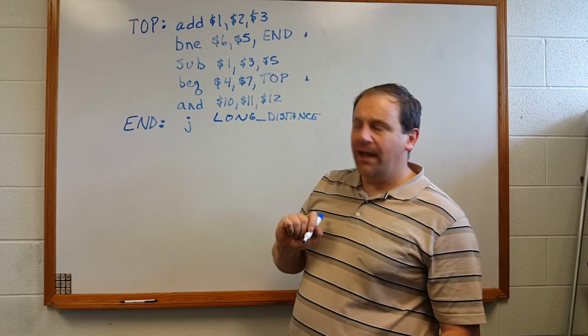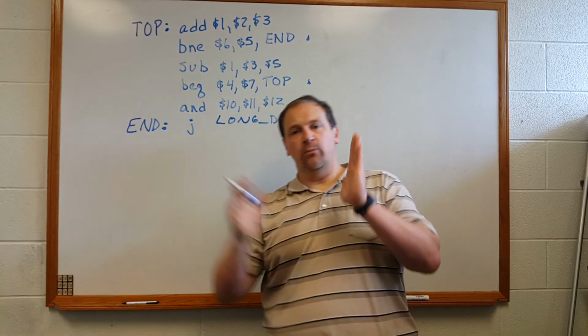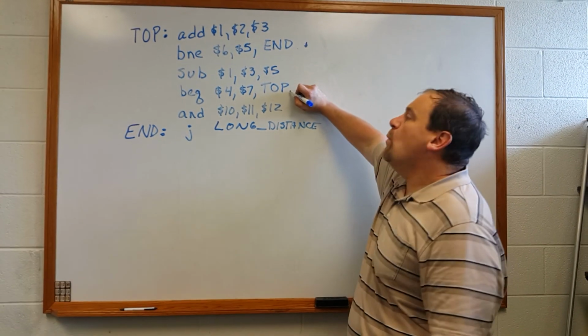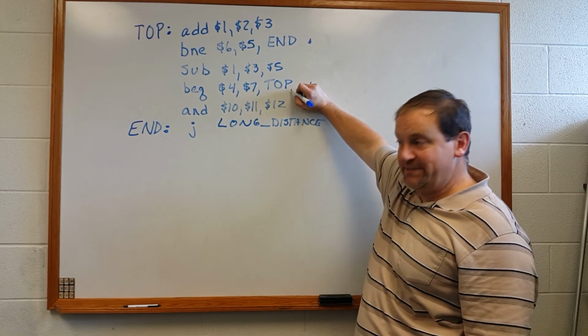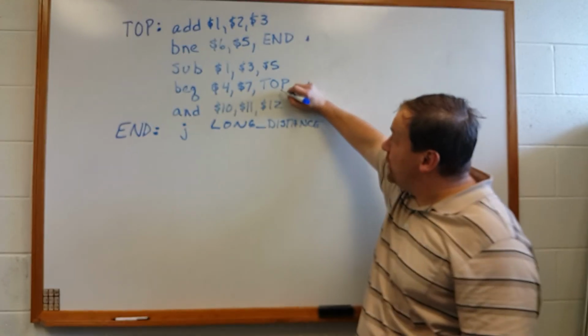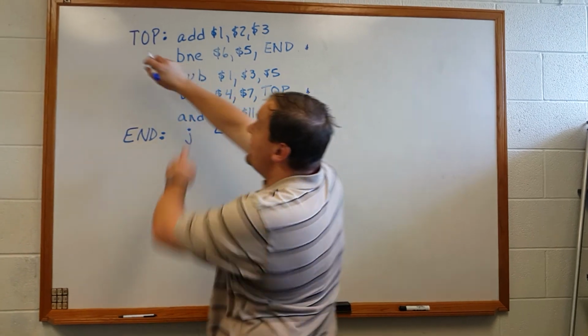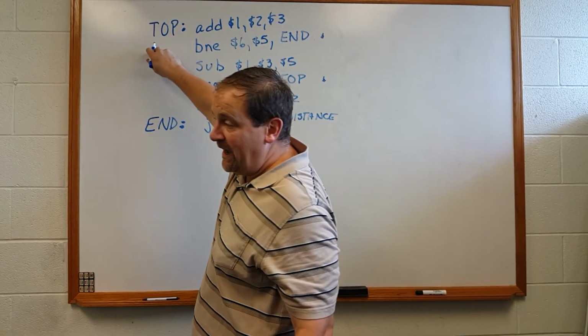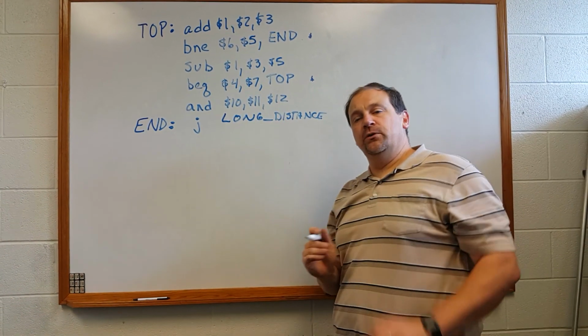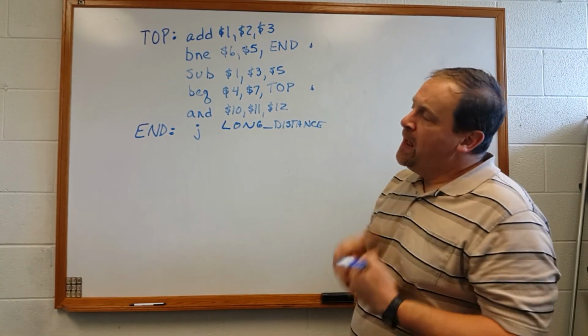Okay? And when I say branch, I mean go somewhere else. Where do I go? Well, in this particular case, I go to the instruction labeled top. This is an argument of branch equal. This is a label for the line. It only identifies where I hop to or where I branch off to.